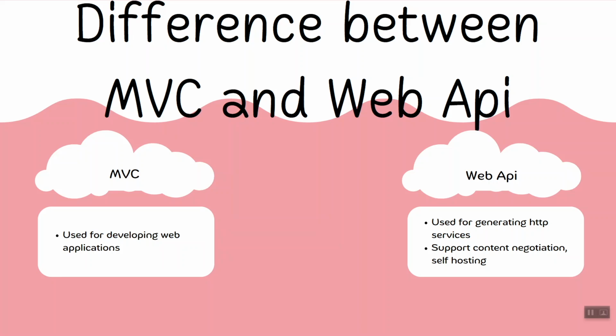Using action in MVC, we return output, but in Web API, we return data in various formats like JSON and XML. Web API supports content negotiation and self-hosting, but MVC does not support those things. Web API includes various features of MVC such as routing and model binding.